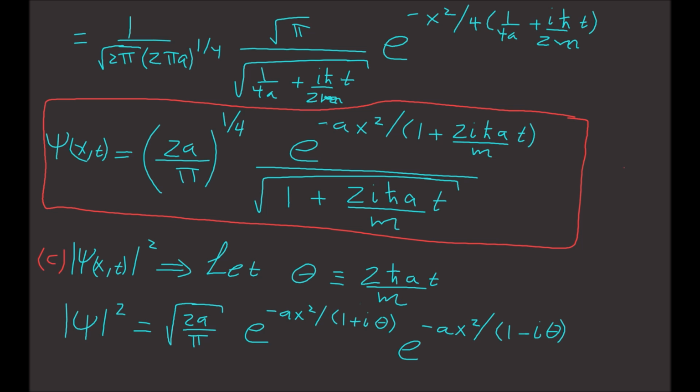As you see, theta is a dimensionless quantity, so it has no dimensions, right? That's why we define these variables, so we can make sense of the equation. Divided by 1 plus i theta times 1 minus i theta. Let's simplify it a little bit further, but before this, let's take a look at the exponent: minus a x squared divided by 1 plus i theta minus a x squared divided by 1 minus i theta.